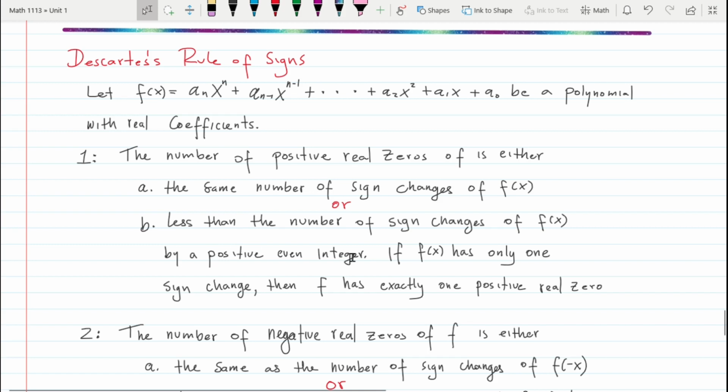So we'll get more into that in just one second. And if f of x has only one sign change, then f has exactly one positive real zero, meaning that if you only have one sign change, you can't do this part where you take away a positive even integer from the total number. Okay.